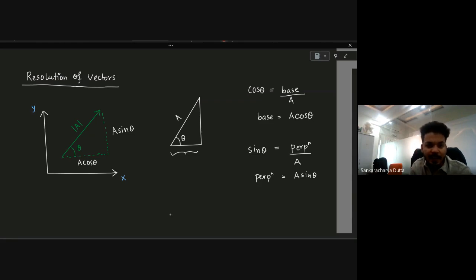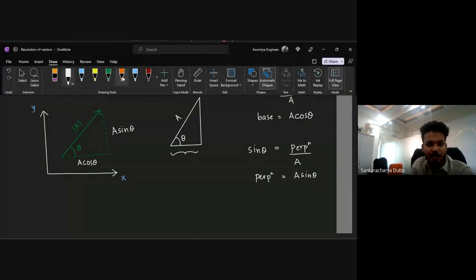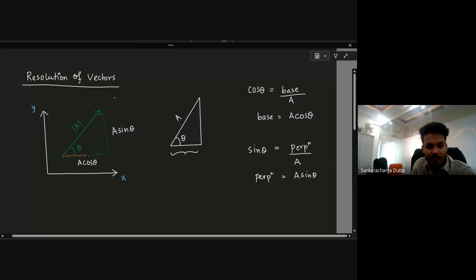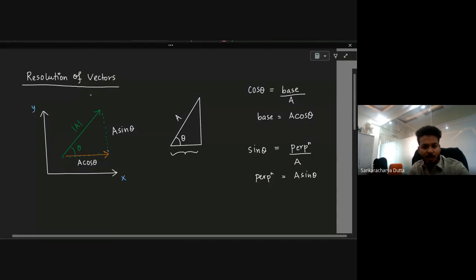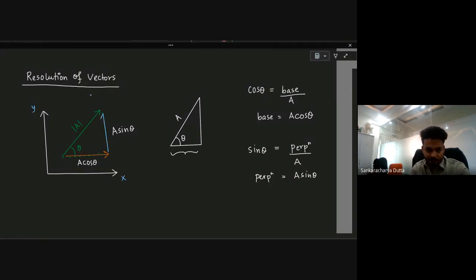One in the x direction. Let me show it with a different color, like this. This is A cos theta, I believe. This is a vector quantity which is going in the x direction, and there is this other quantity which is going upwards, A sine theta.